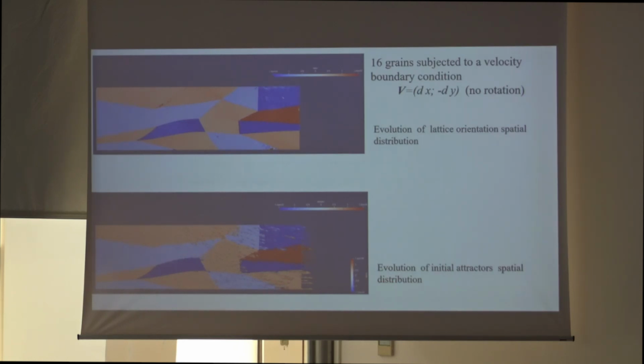On the top you have the evolution of the orientation of the grains, and on the bottom you have the prediction with the attractors. You can see that at the end the difference is not so big between what the computer did after 20 hours of computing and the prediction we have with the attractors.